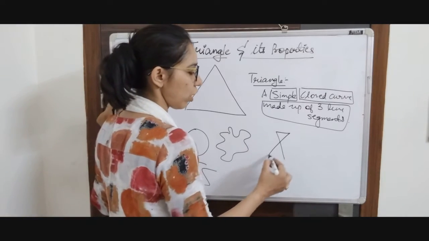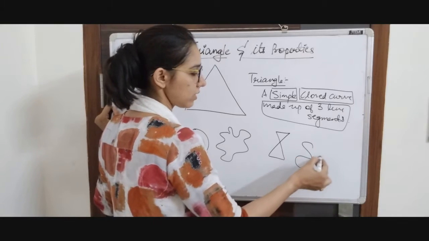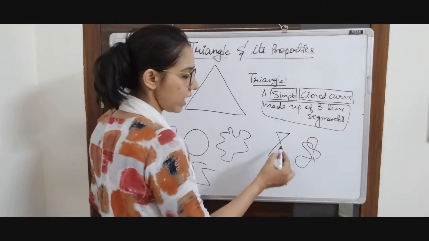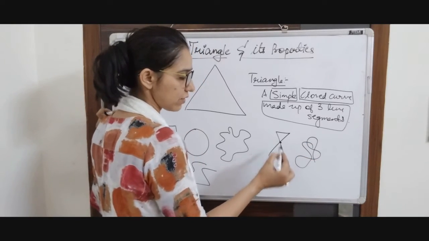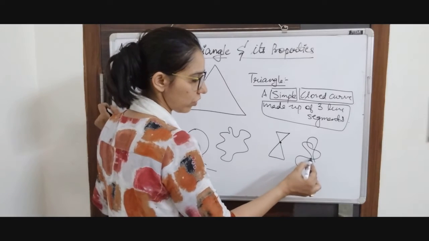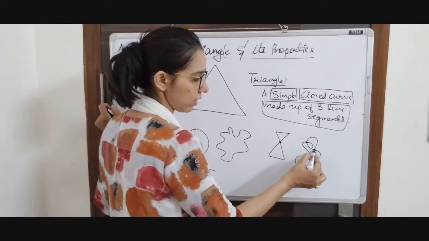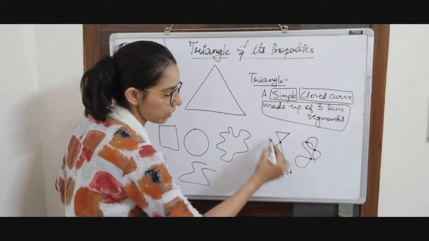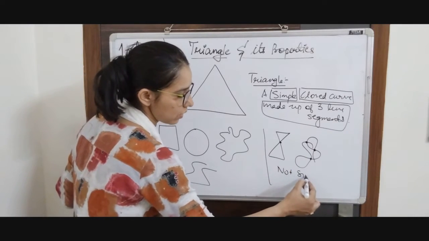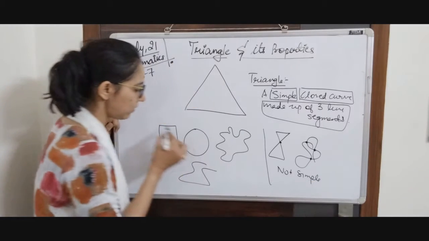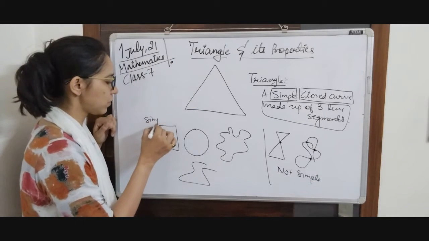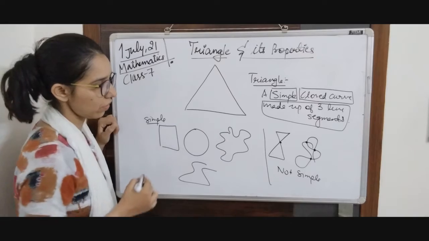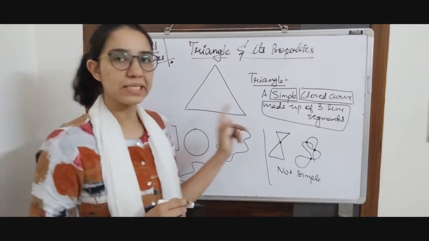And if we talk about this, they are crossing themselves. This curve is crossing here, this curve is crossing here and here and here. So if they are crossing, they are not simple, and these are simple curves. Okay, simple is clear to us.